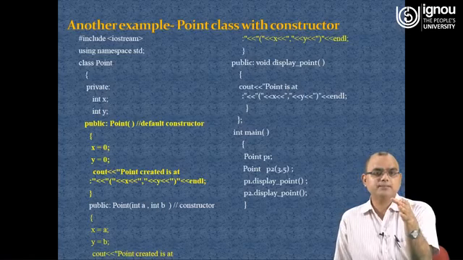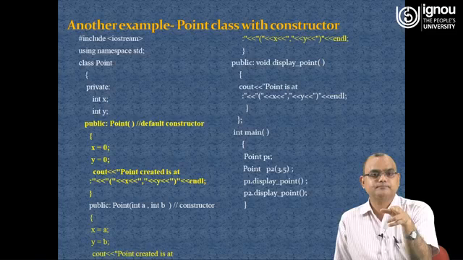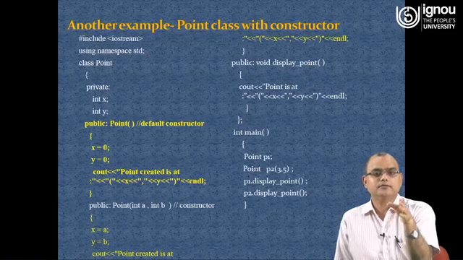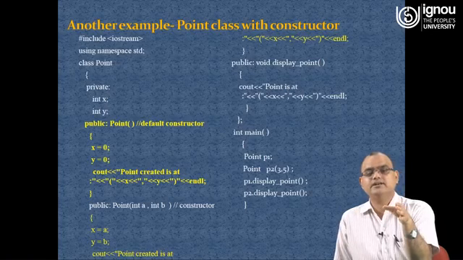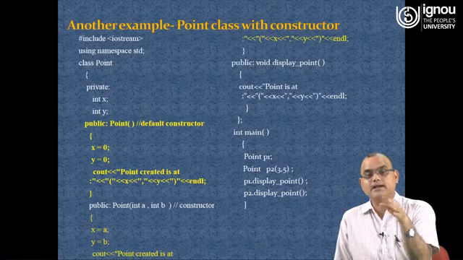In this, if you see Point, it is a default constructor, and that default constructor sets x to 0 and y to 0. If we are not writing that code, in that case also the default constructor will do that only.